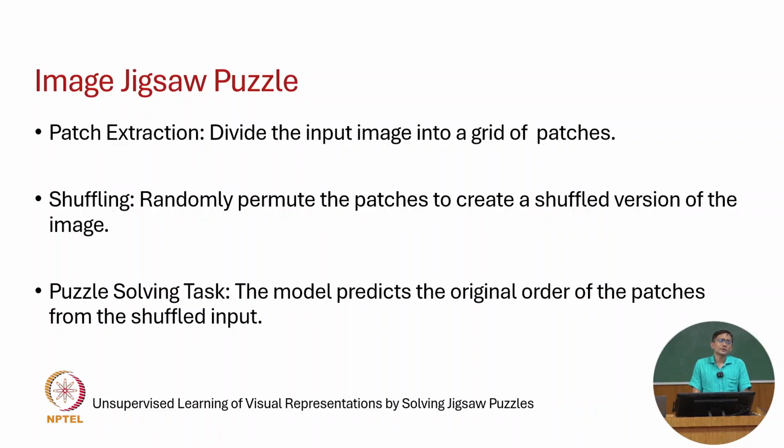Then the network is tasked to predict the original order of the patches, that is, for a particular shuffling or permutation order, you could assign an index, and the task could be to now predict whether this image belongs to this particular index or not.